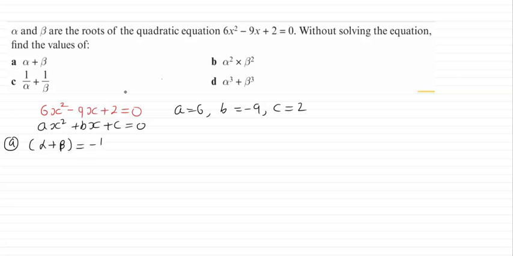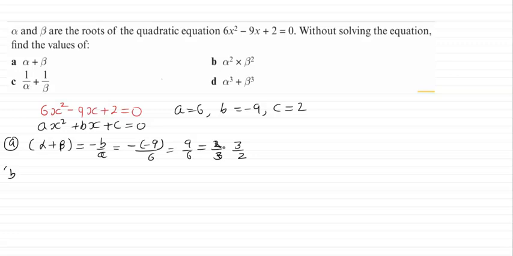We know alpha plus beta is minus b over a. So minus, and b itself is minus 9, over a which is 6. So it should be 9 over 6, you can simplify, it should be 3 over 2, right?